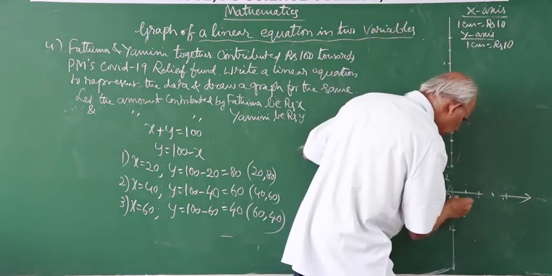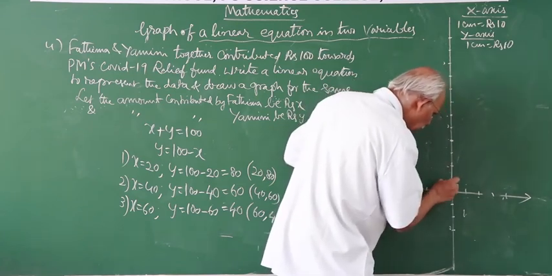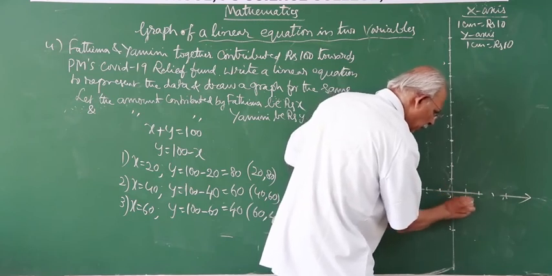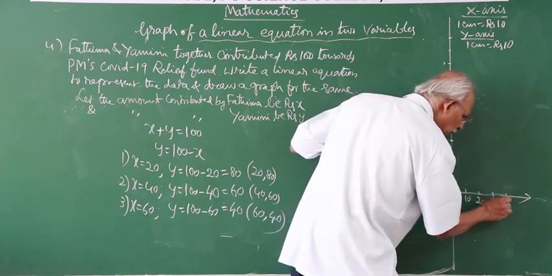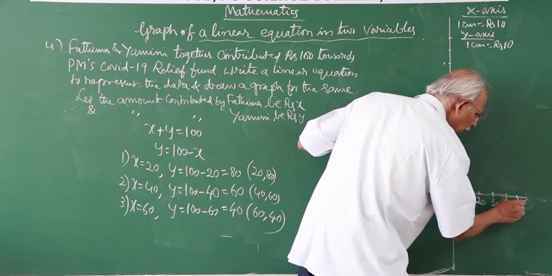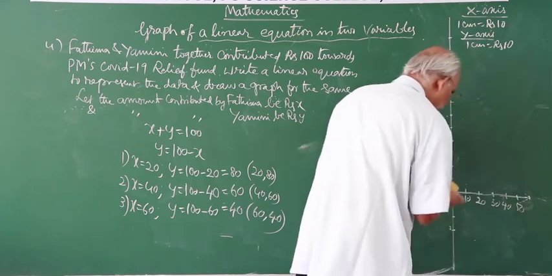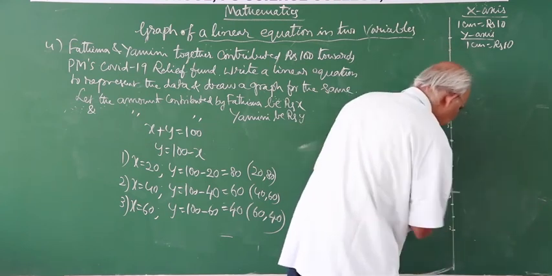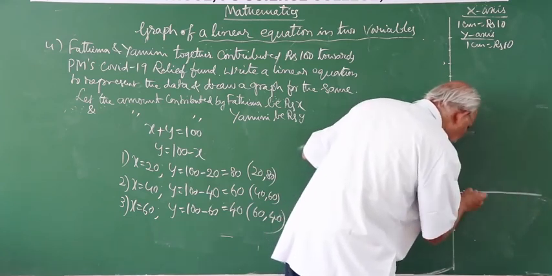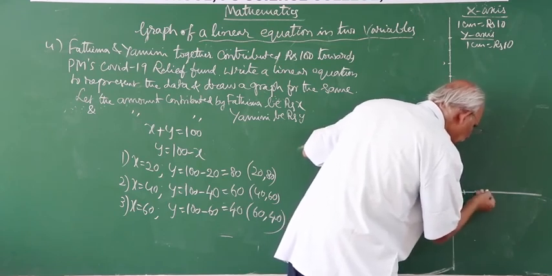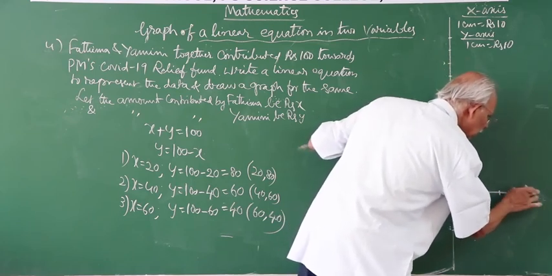Here, this is now 1 centimeter. 1 centimeter means 10. This is 20. This is 30. This is 40. This is 50. And this is 60. Just I shall clearly show. 1, 2, 3, 4, 5, 6.